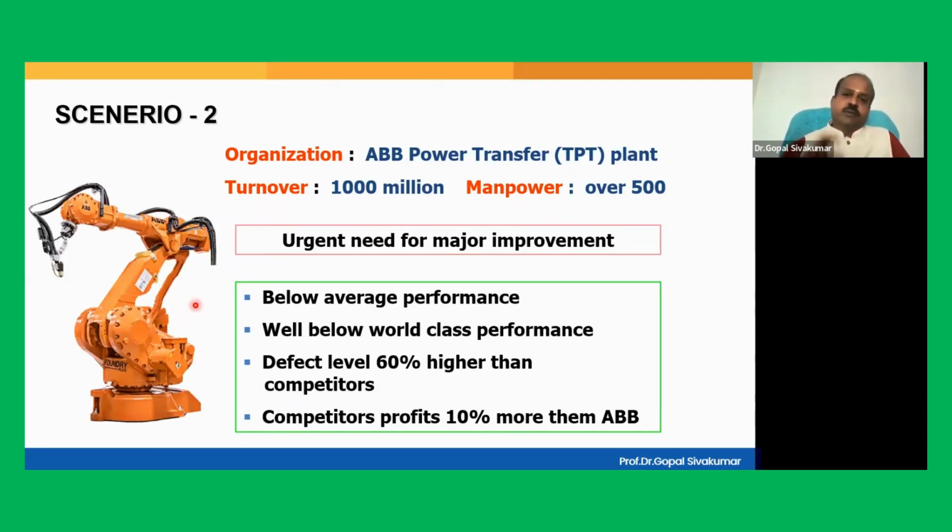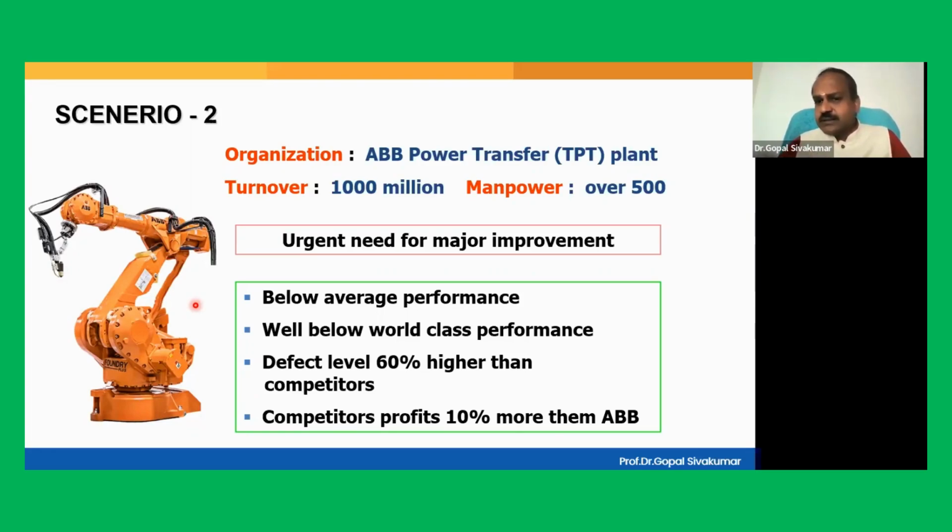Their reason is, they knew that their performance is below average. They understood that they are well below the world-class performance. See, they are not settling with what they are currently doing. They are comparing their performance with respect to the world-class performances, and they understood that they are well below. And moreover, their defect level is 60% higher than the competitor.